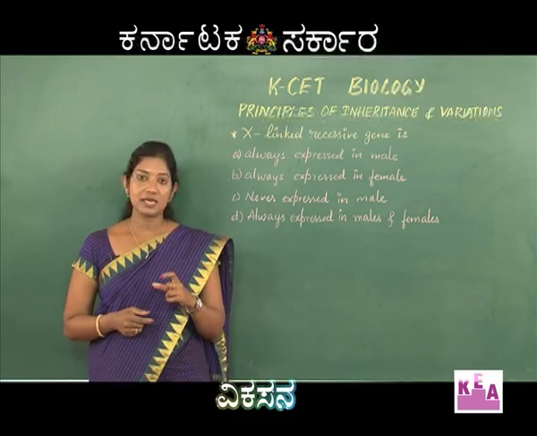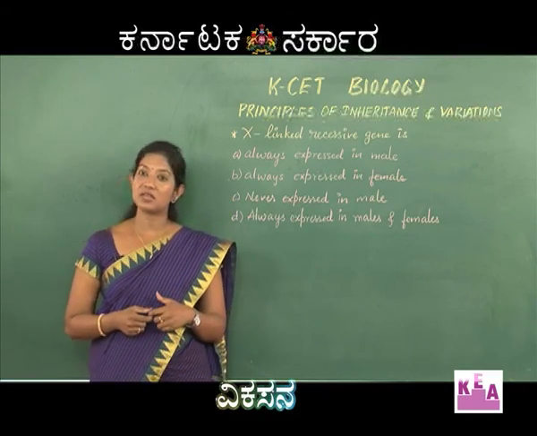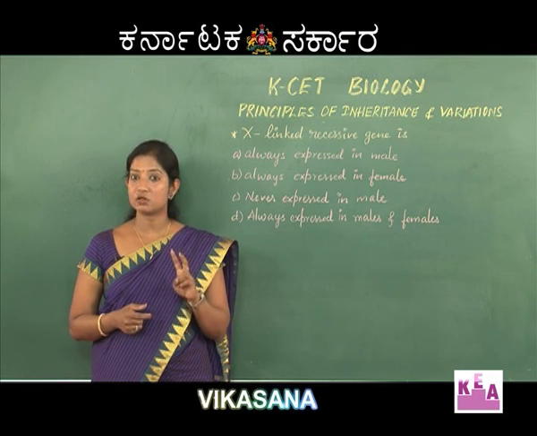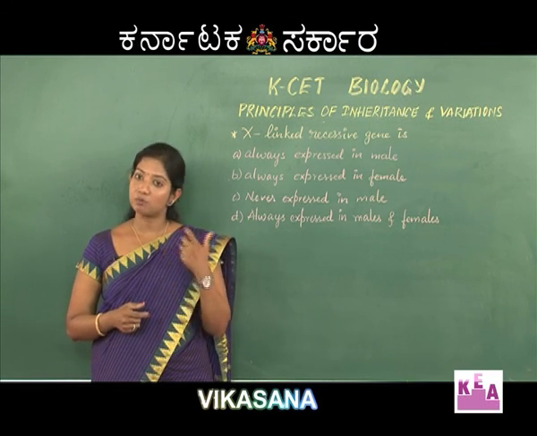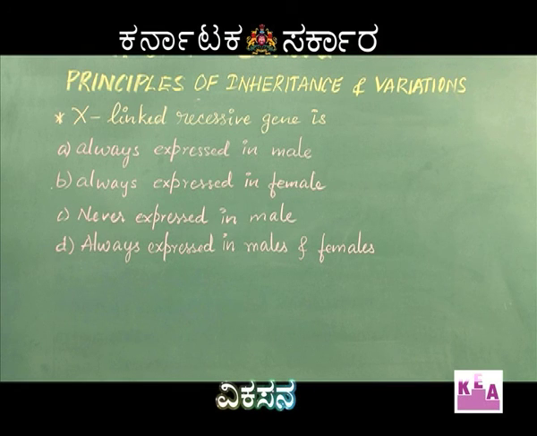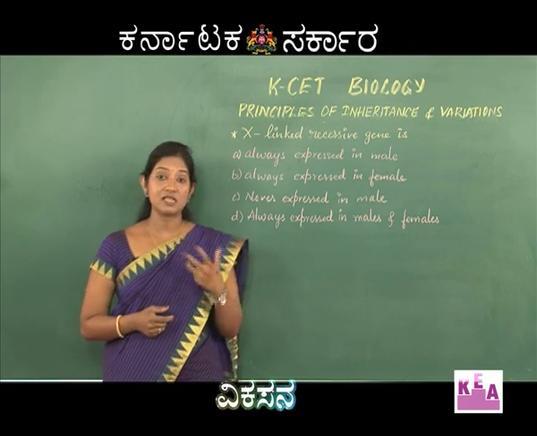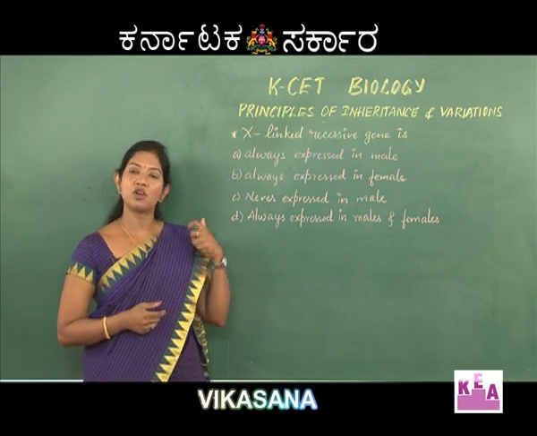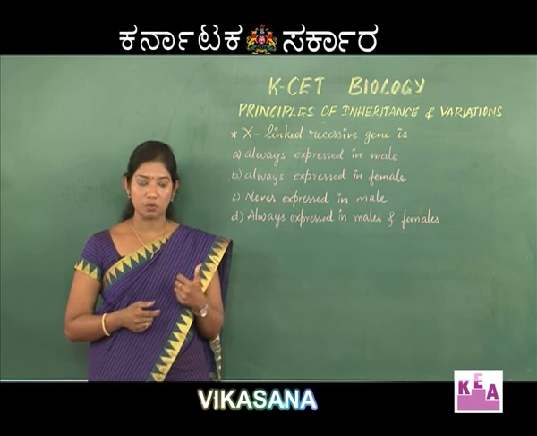So the rule is, if a recessive gene has to be expressed, then they have to be present in a set of 2, or the pair should have both recessive genes. Now, another thing mentioned in the question is that it is an X-linked recessive gene. That is, it is linked to the X chromosome or it is present on the X chromosome.